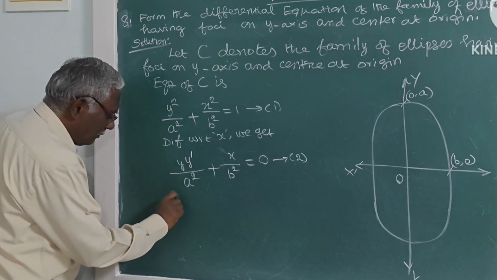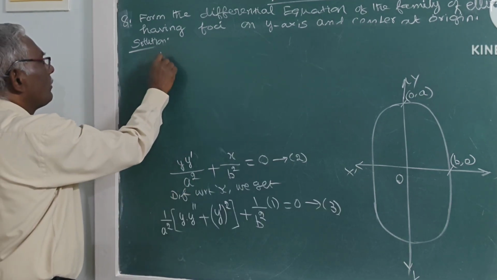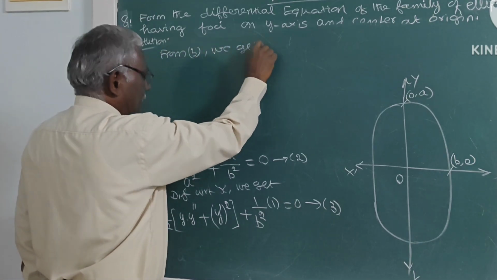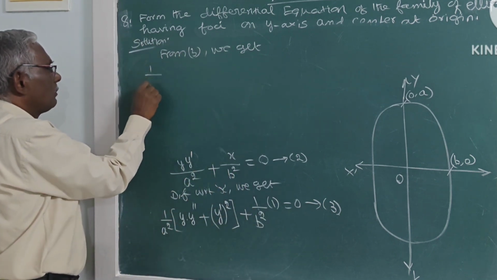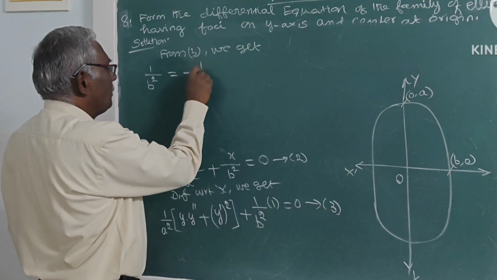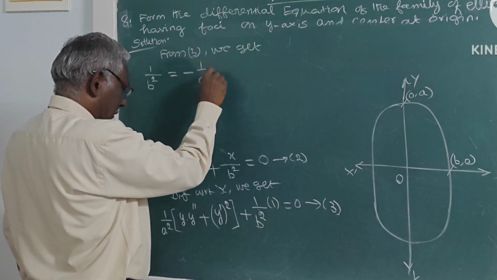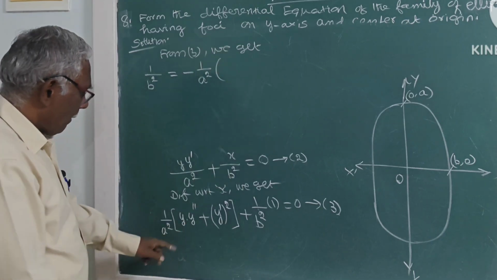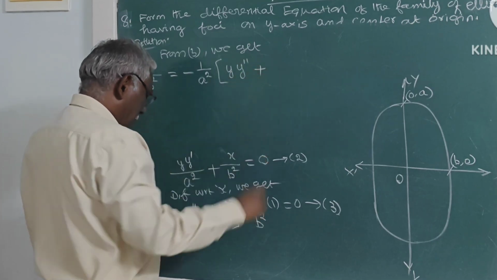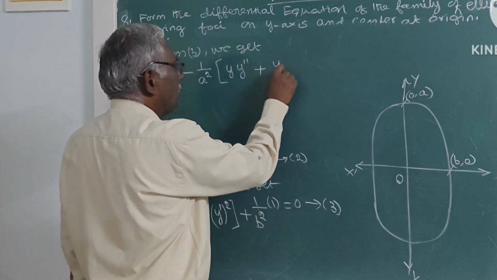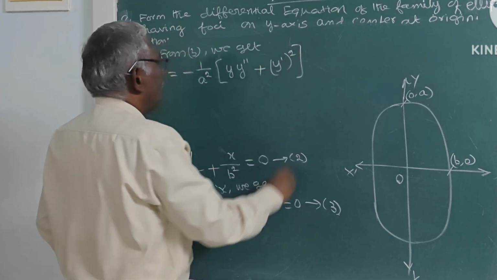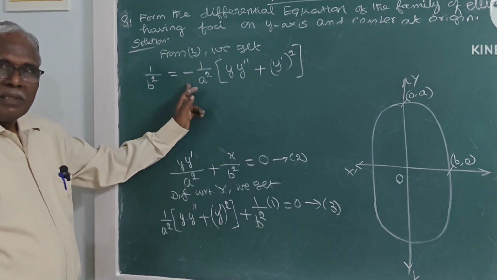Differentiate again with respect to x, we get 1 by b square is equal to minus 1 by a square into y double dash plus y dash square. We will substitute this in 2.